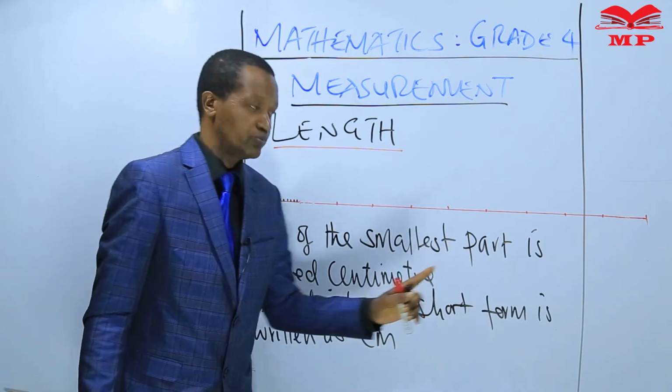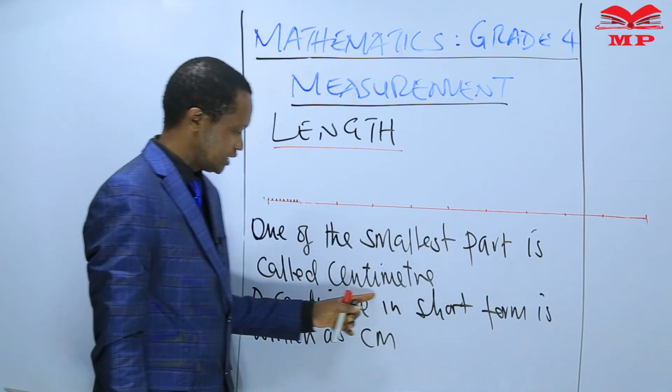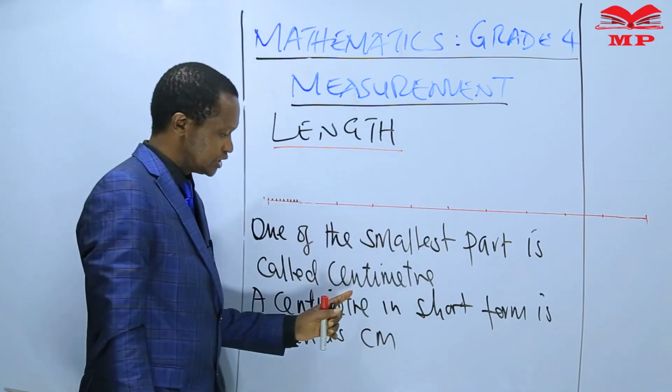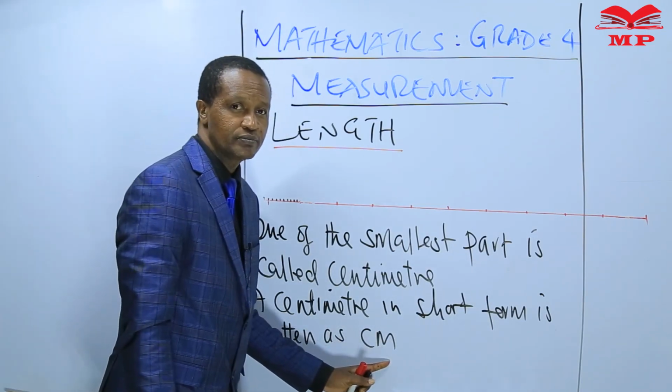This is the short form. Instead of writing centimeter in long form like this word here, to shorten it, or to abbreviate it, we write it as cm.